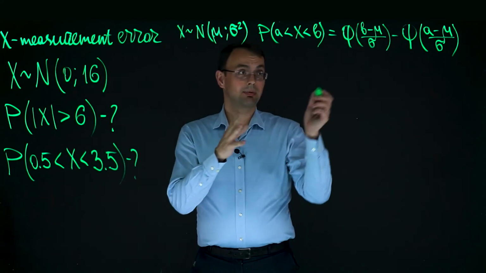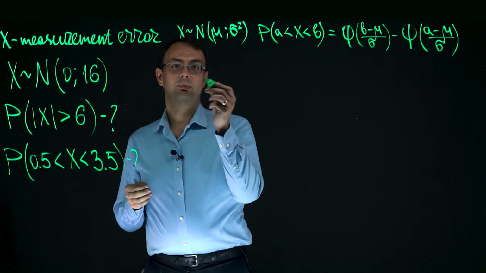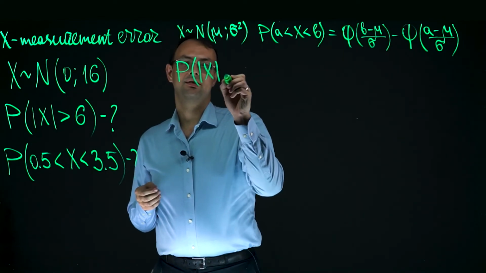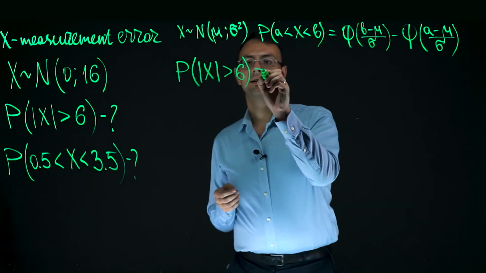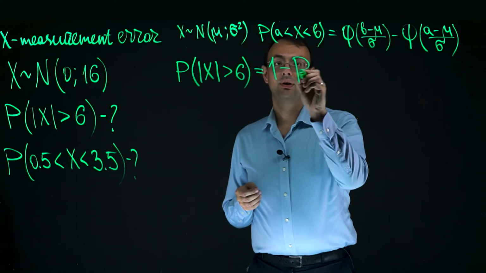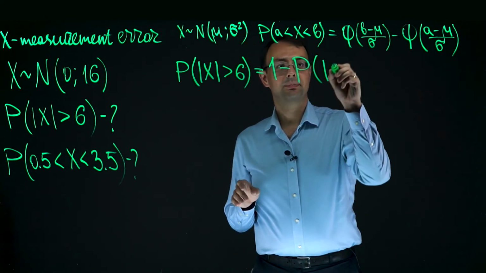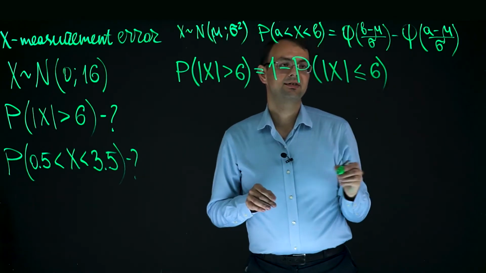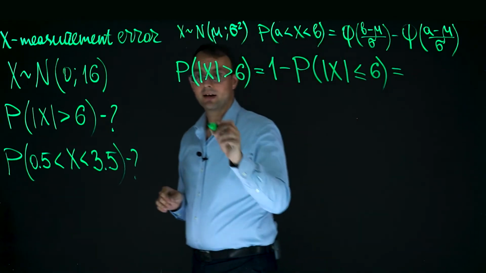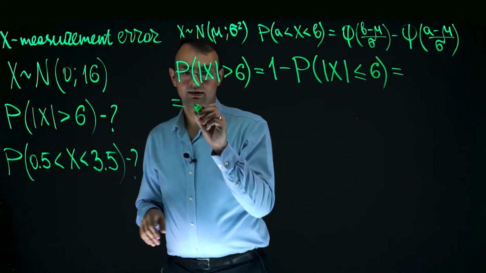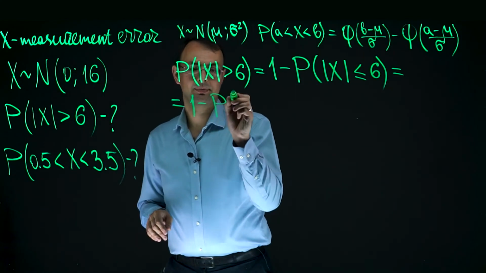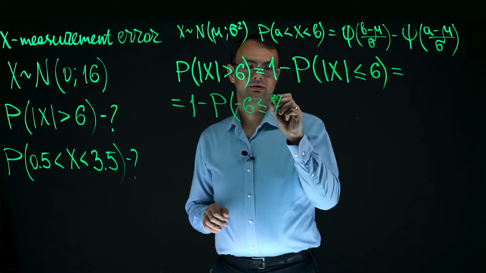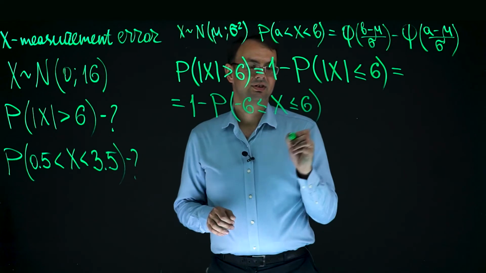So let's apply this to the first probability we were asked to find. So P of modulus X more than 6 is 1 minus probability of the complement event, 1 minus probability that modulus X is less or equal than 6. And now we can open this modulus sign, and this is 1 minus probability that X is from minus 6 to plus 6.